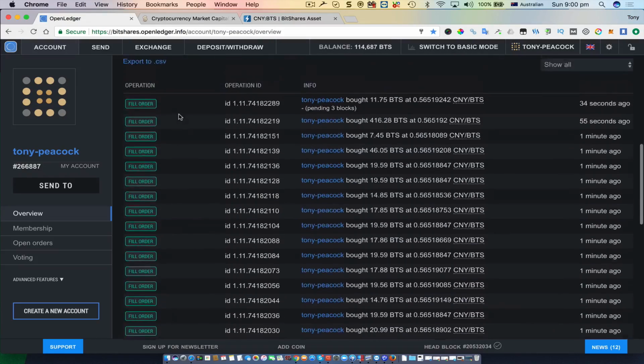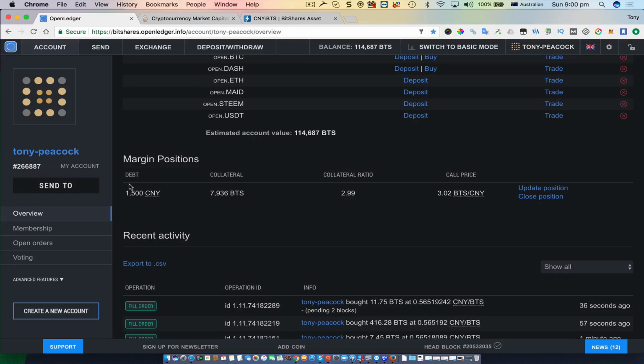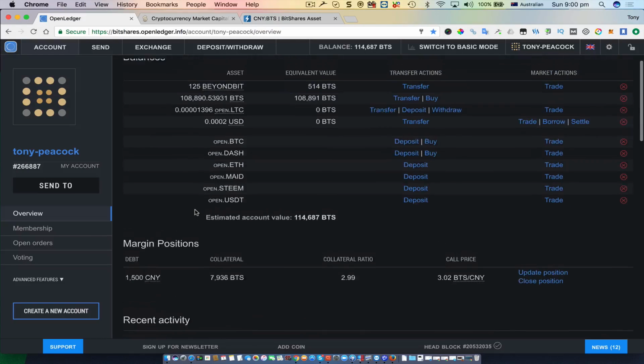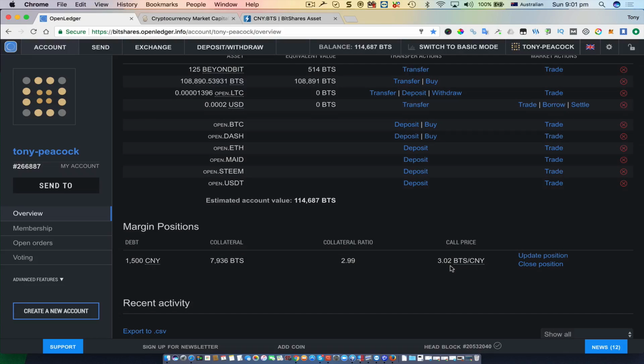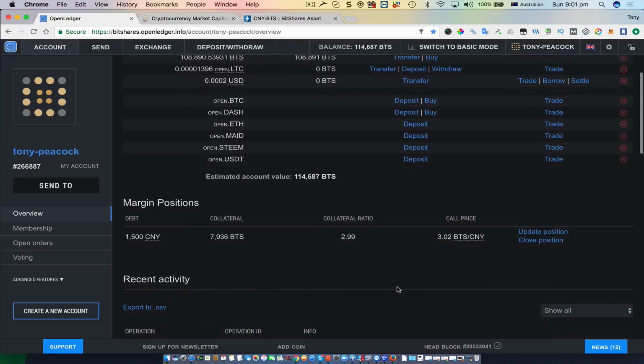So there you go. So basically I borrowed in total so far 1,500 yuan, and I used 7,936 of my collateral. This is my call price. And so essentially what I did is I borrowed the Chinese yuan and I used that to buy more Bitshares.